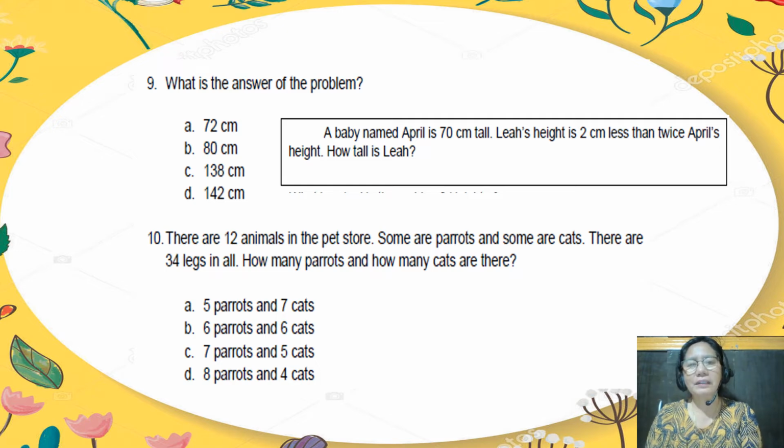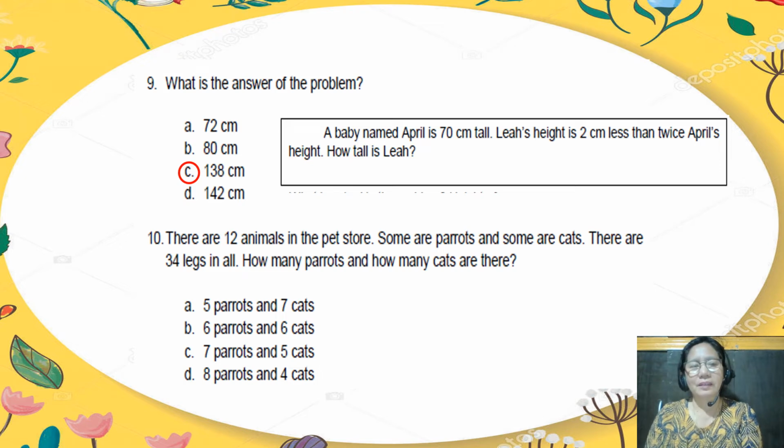Since April is 70 centimeters tall and twice April's height, that is 2 times 70, that is 140, then 2 centimeters less, so that is minus 2. So 140 minus 2, the final answer is 138 centimeters, letter C.